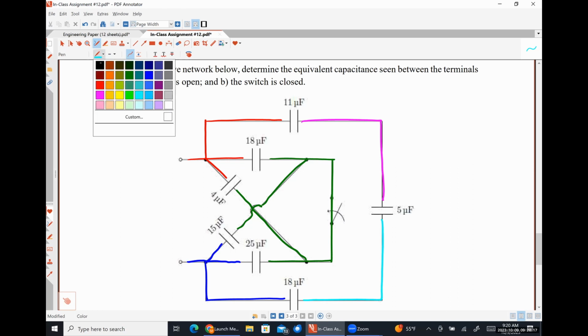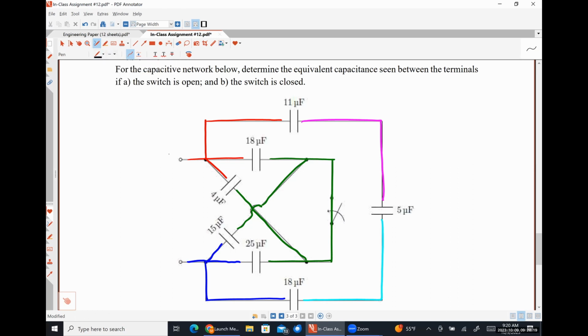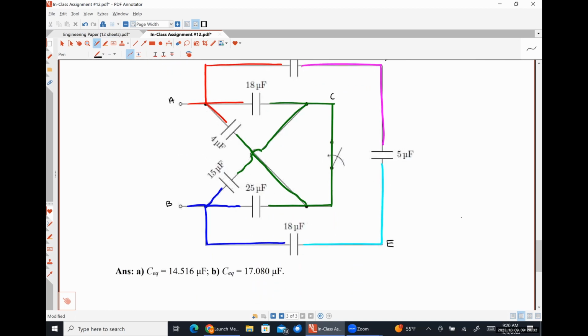Now we have this guy, and now I'll label things. So let's call the red node A, the dark blue node B, the green node C, the pink node D, and the light blue node E.